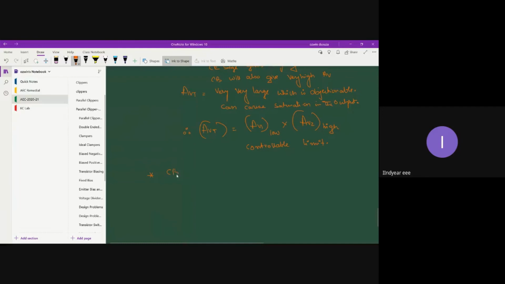Common base allows the following advantages. The first advantage is high voltage gain, high AV. And the second, perhaps the biggest advantage, is high bandwidth.